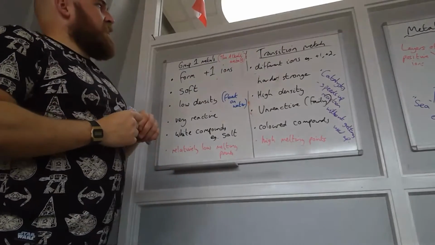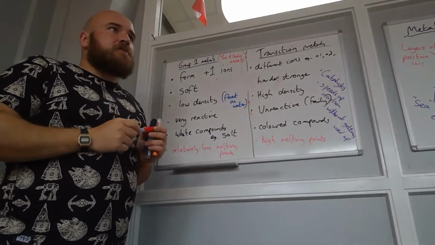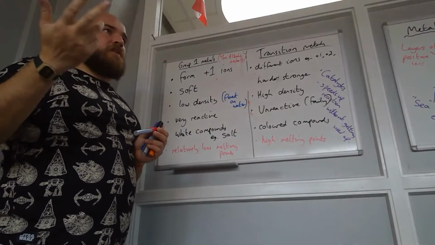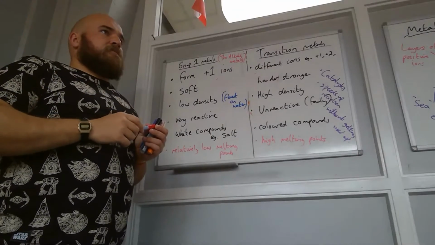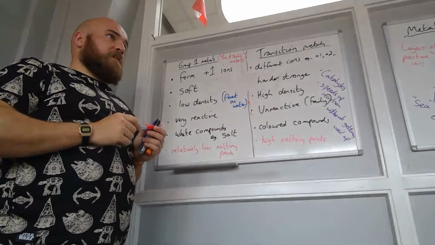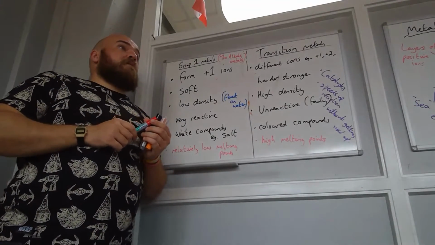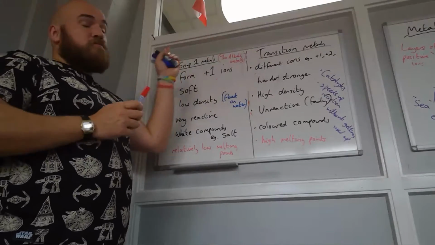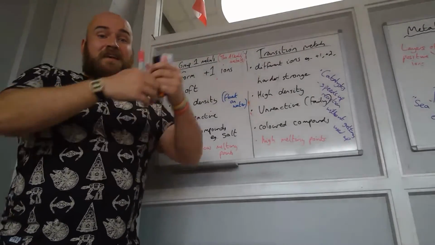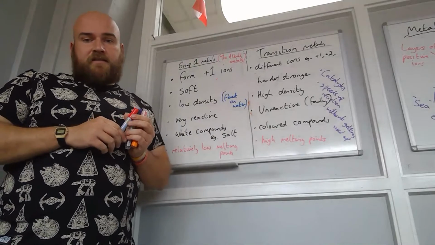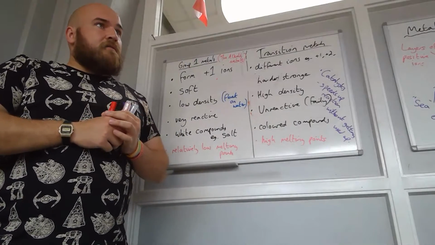Yep. And strong, hard, soft, cut with a knife, high density, low density, forms +1 ions, forms different ions, and forms ionic compounds when they react with non-metals. So again, because they're both metals, they will give electrons to non-metals. All right. Okay, right.